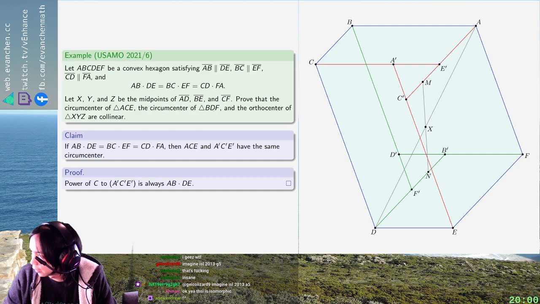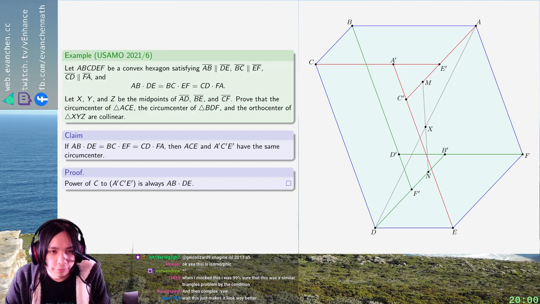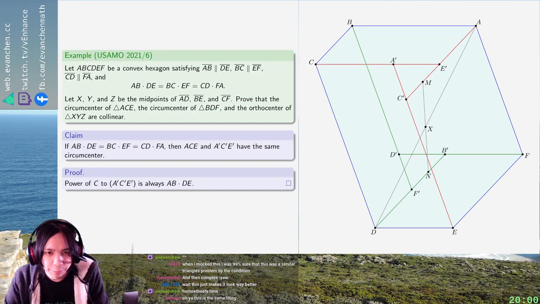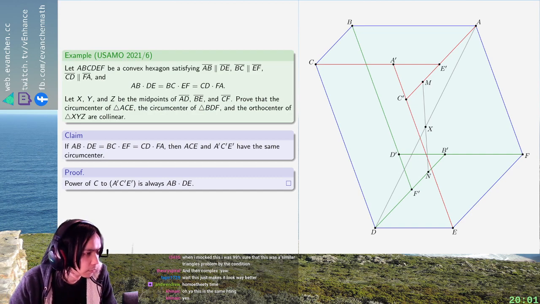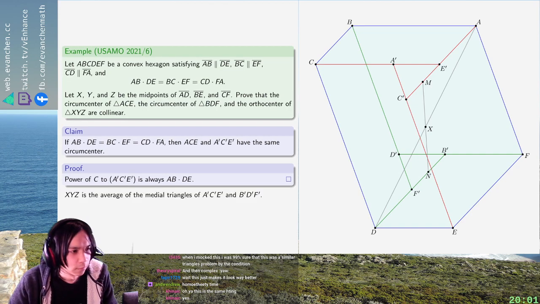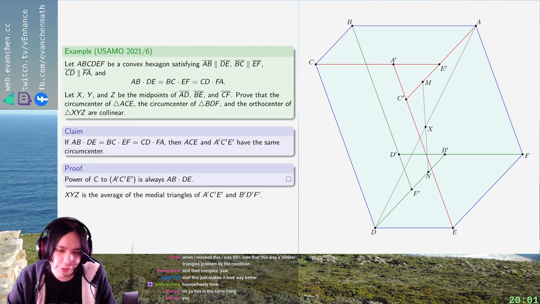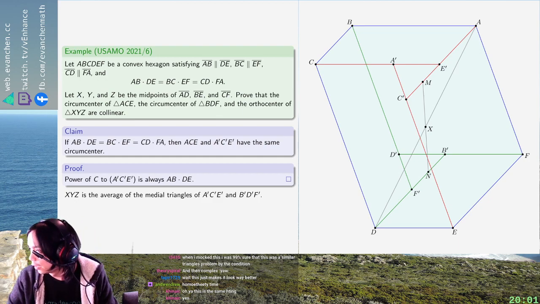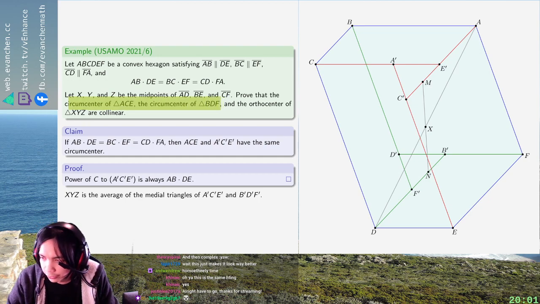So XYZ is the average of the medial triangles of A prime, C prime, E prime and B prime, D prime, F prime. And therefore, the orthocenter of XYZ becomes, because the orthocenter of the medial triangle is the circumcenter of the reference triangle, the midpoint of these two circumcenters. End proof.